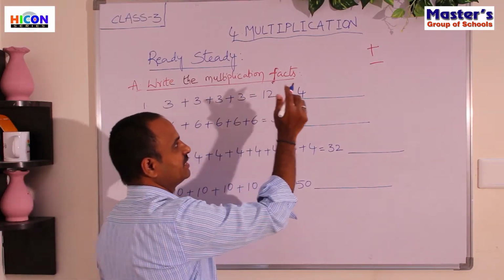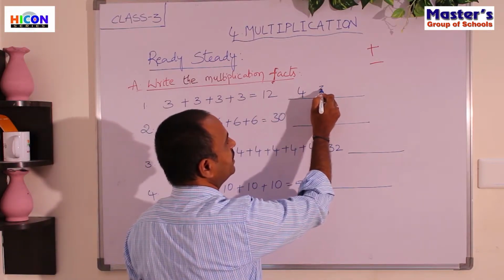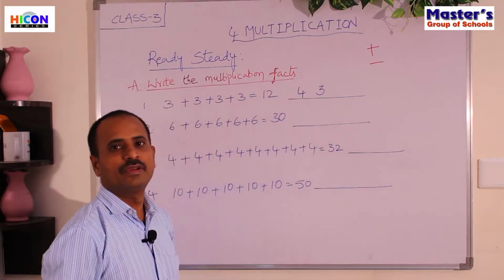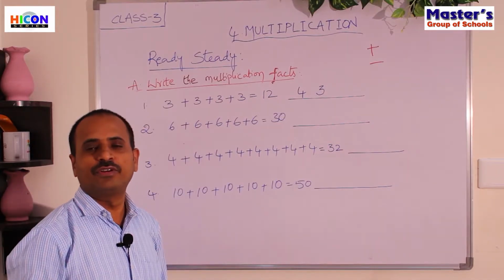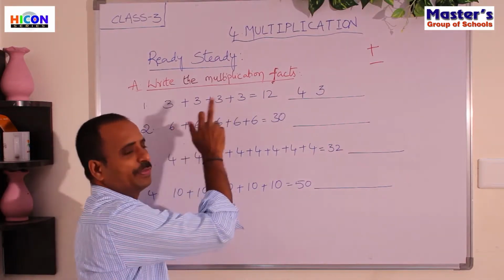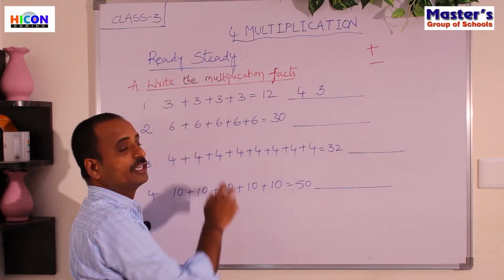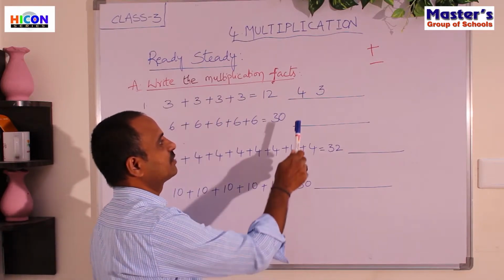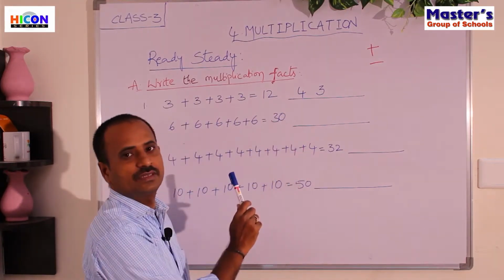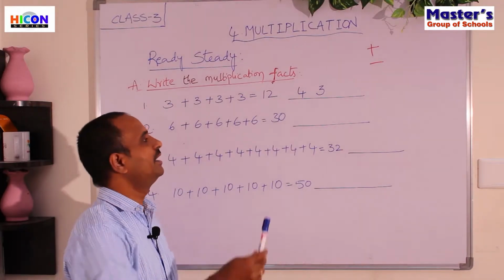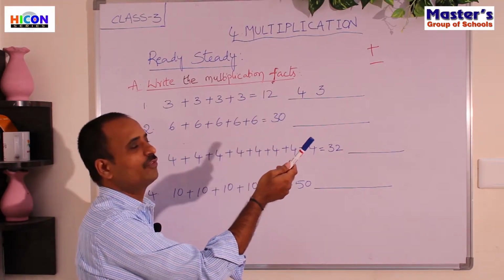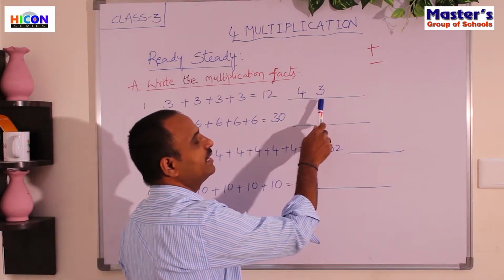The number 3 is repeated. So write 3 next. First we have to write how many times it is repeated, so that's why we have written 4 first. And the number 3 is repeated, so write number 3 next.